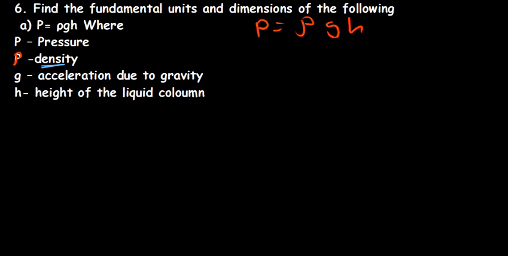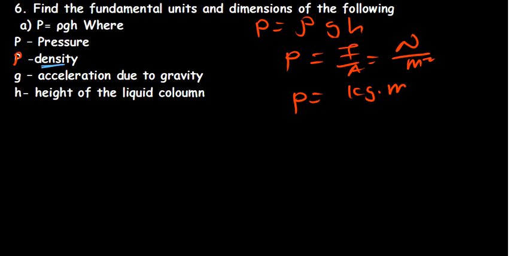So let's start with pressure. Okay, let me just do pressure for you. Pressure, we said it is force divided by area. Force is in Newton, this is in meter squared. Newton is force, which is mass times acceleration. So mass is kg, acceleration is meters per second squared. We divide it by m squared. So pressure, what we had to the left hand side, this is exactly what we're going to have now.